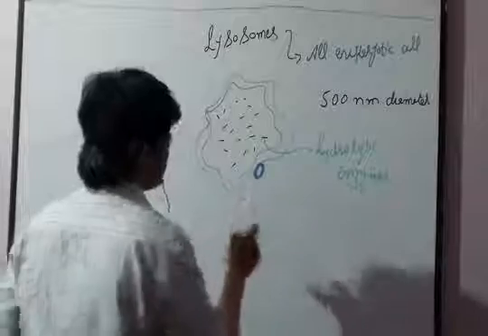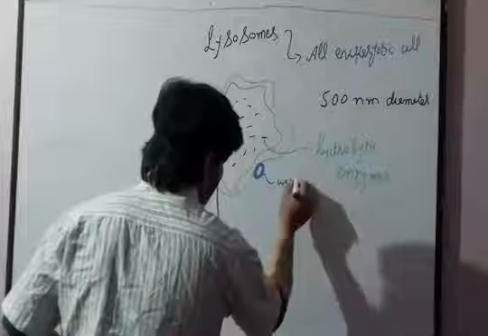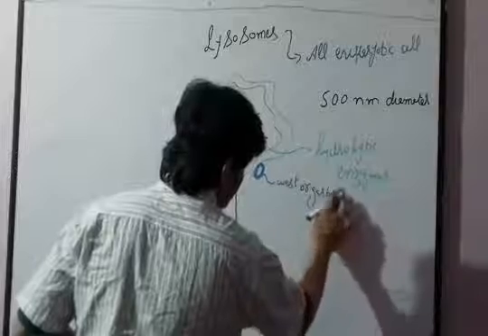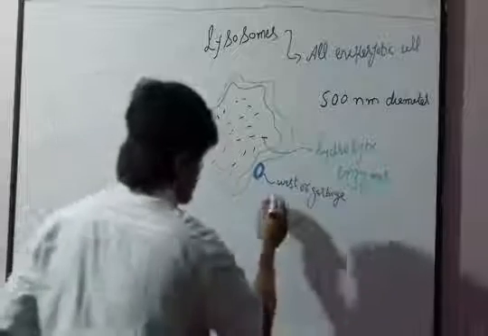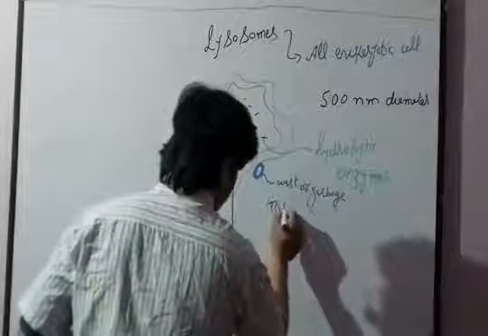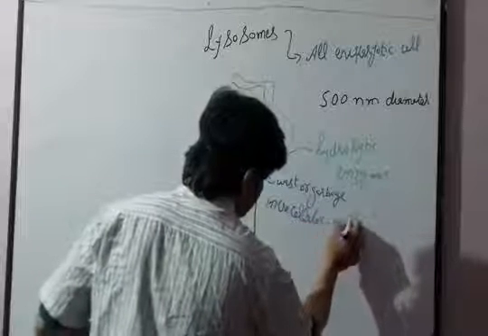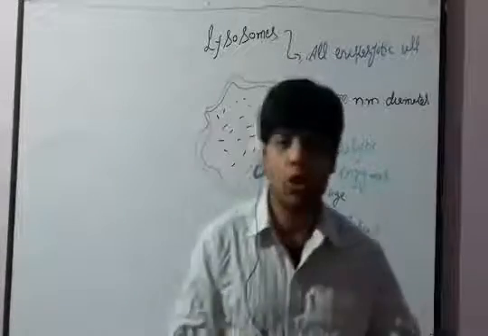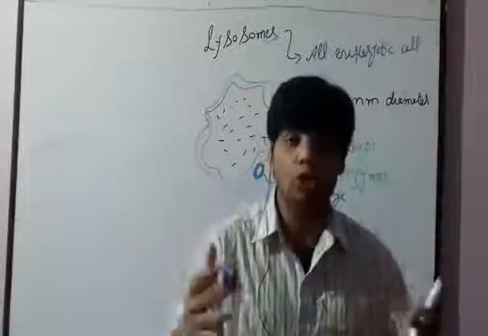These blue are the garbage material, or we can say the waste material, or intracellular material. So they can collect the garbage or intracellular material inside the cell, or we can say the complex or large molecules inside the cell, and digest them.